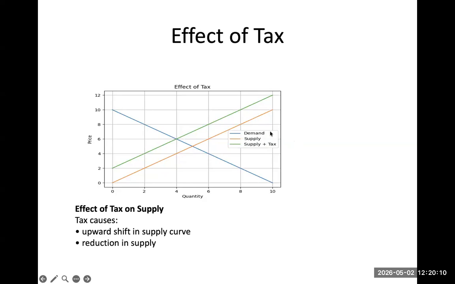This reduces the quantity in the market because the producers are not willing to supply more, as the tax has increased their cost of production. This will force the supply curve to shift upward, or inward. Is that okay? Because of the imposition of the tax.